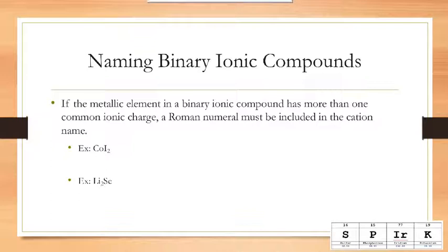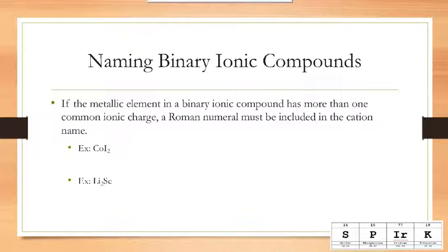If we check our chart, it has two common charges, so it could be Co2+ or Co3+. But when we look at the I-, we know that iodide is a 1- charge, right? So we can uncrisscross our charges. We can bring our 2 back up by the Co and the invisible 1 that's technically next to the cobalt up above the I.